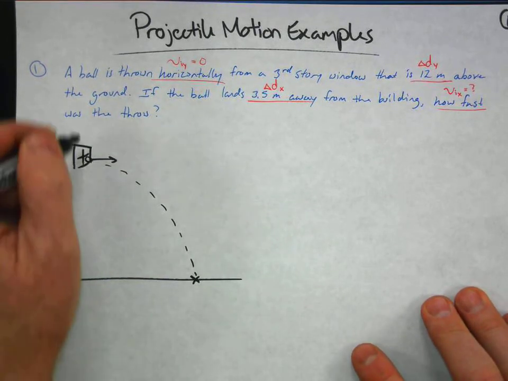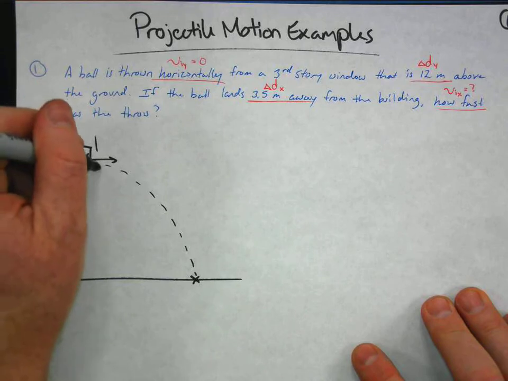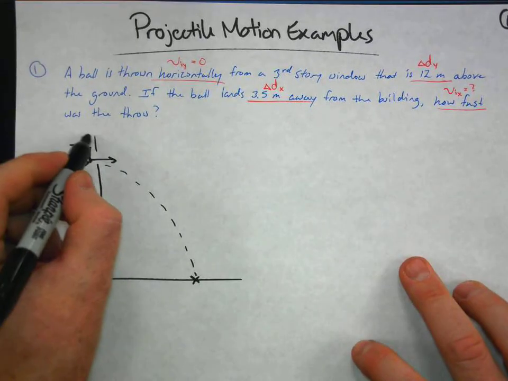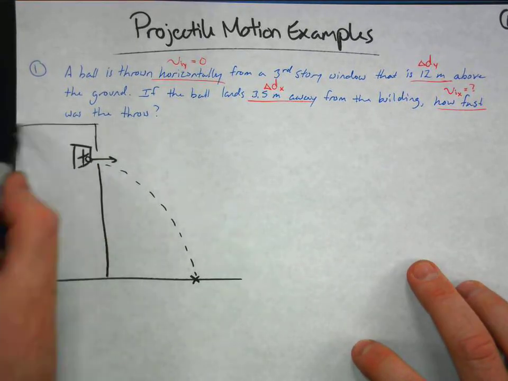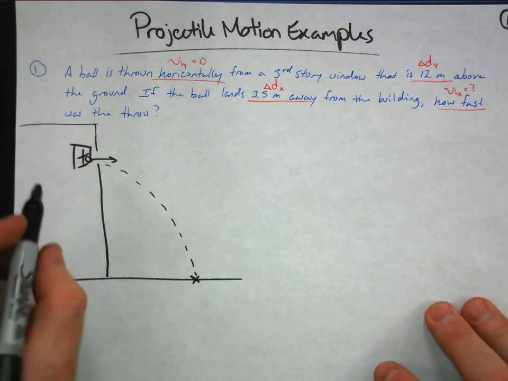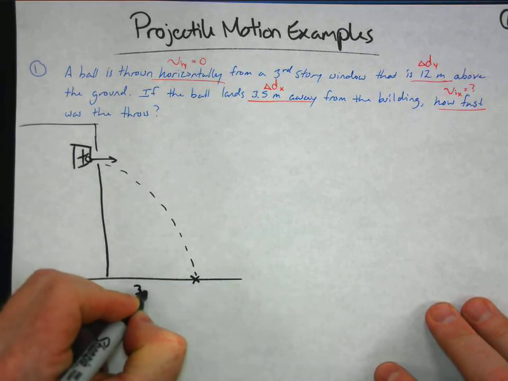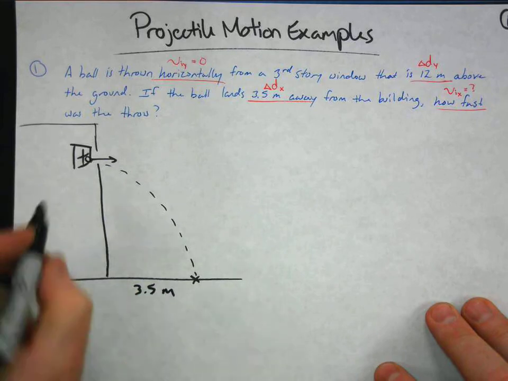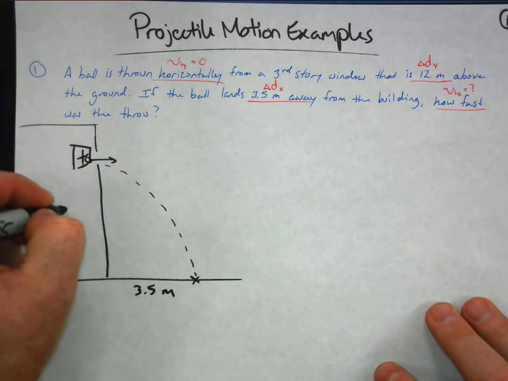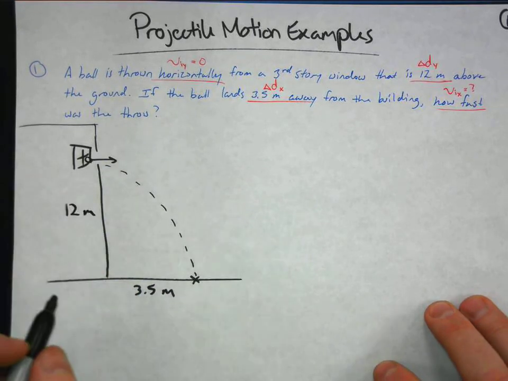And if we have our building here, what we know is that it lands 3.5 meters away from the building, and we know that the window is 12 meters above the ground.